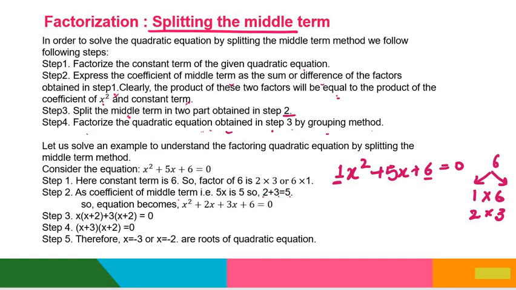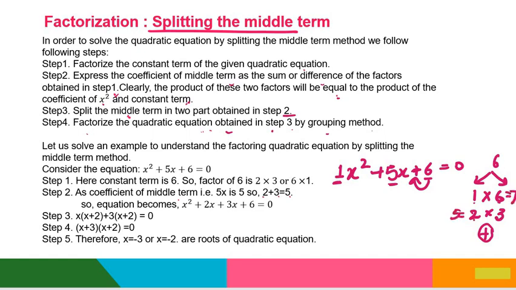Now which one is to be considered, 1 and 6 or 2 and 3? It totally depends on the sign of the constant term. Here we see that the sign of the constant term is plus, so we split using the addition sign. When we add 1 and 6, it is 7, and 2 and 3, it is 5.